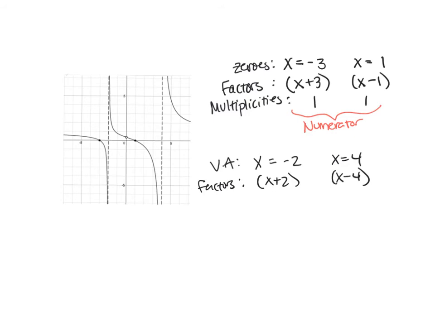And when I take a look at these asymptotes, I see here both of my ends are facing separate directions, and here both of my ends are facing separate directions, which means both of these asymptotes are going to have a multiplicity of 1. And this goes towards our denominator.